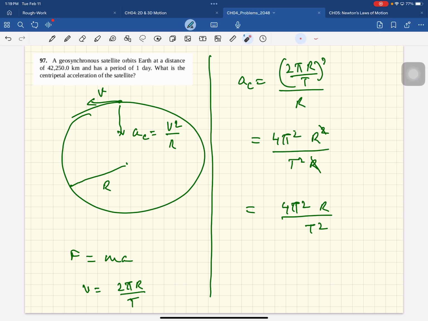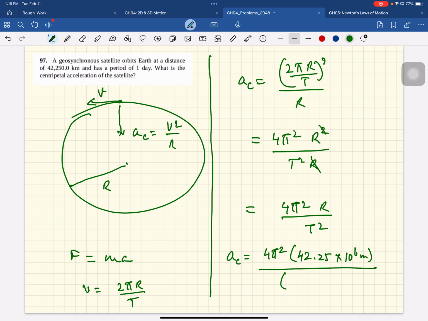Okay, so it's an acceleration, with units of meters per second squared. The radius is 42,000 kilometers. Kilometer is 10 to the power 3 meters, so 42.25 times 10 to the 6 meters.